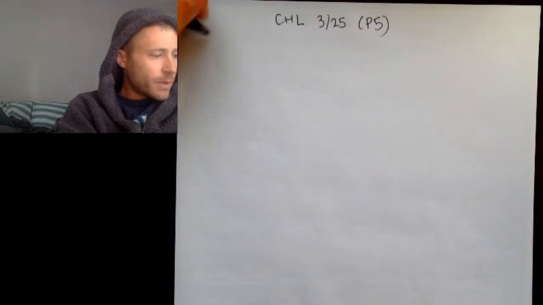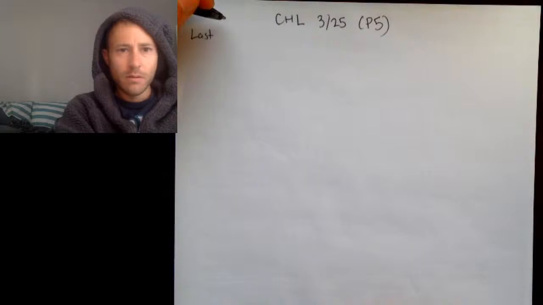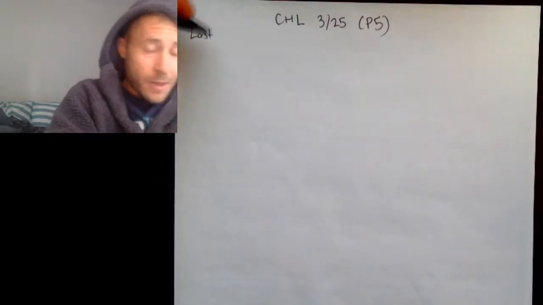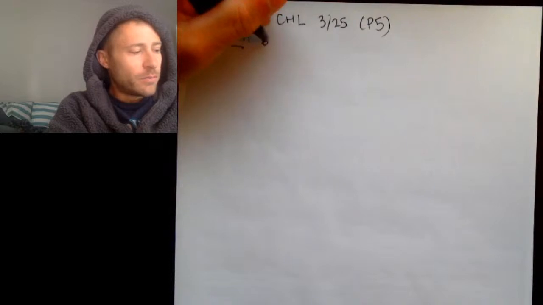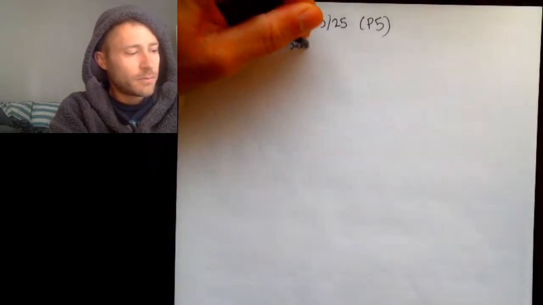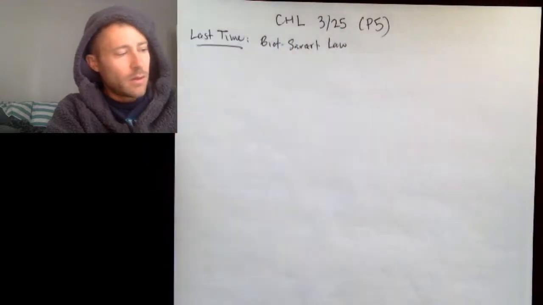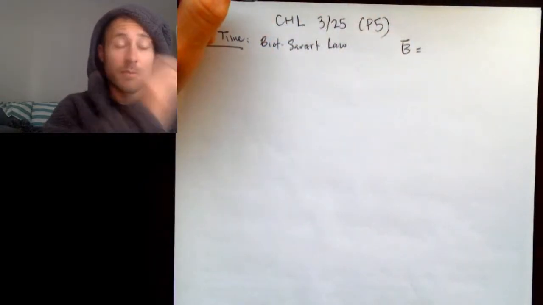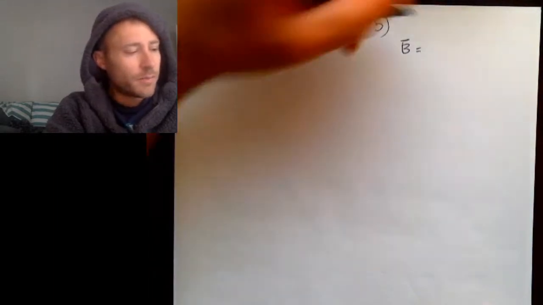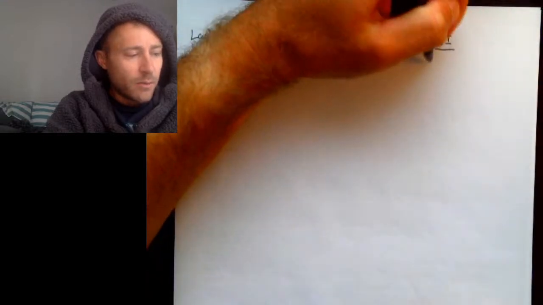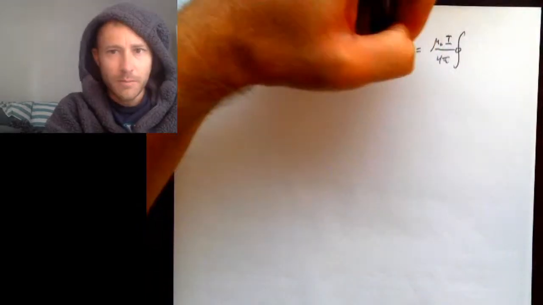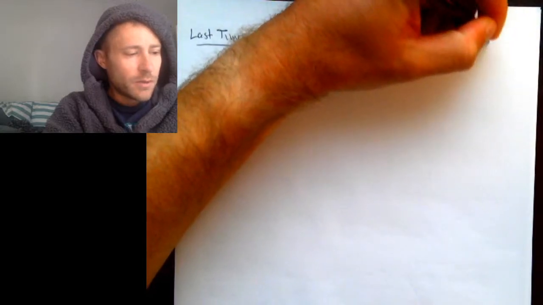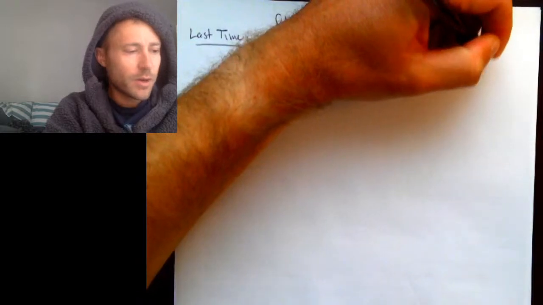Last time, we learned about the Biot-Savart law, which says the following: that the magnetic field produced by a wire carrying electric current is mu naught I over 4 pi times the integral around the loop of wire of dl cross r hat over r squared.